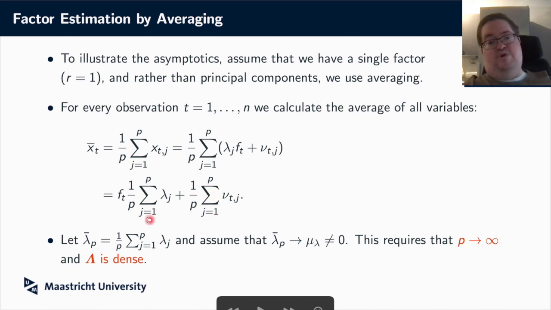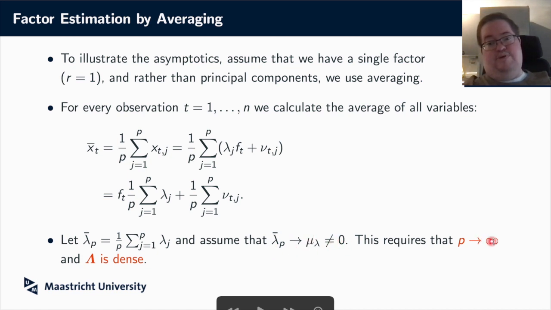So what we want to recover is f_t. That is what we want to estimate. But then of course we need to ensure that this average of the loadings here is not going to converge to 0, because if it would converge to 0, f_t would drop out. That would be the case if actually our x's are not informative about the factor. So we need that this lambda is going to converge to a mean which is not equal to 0.